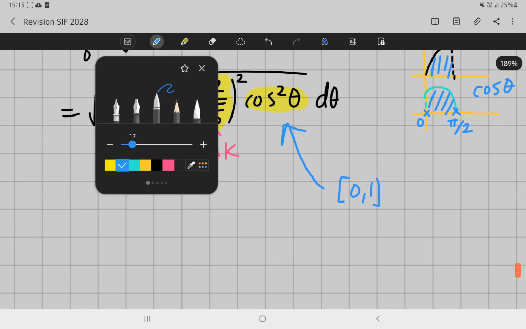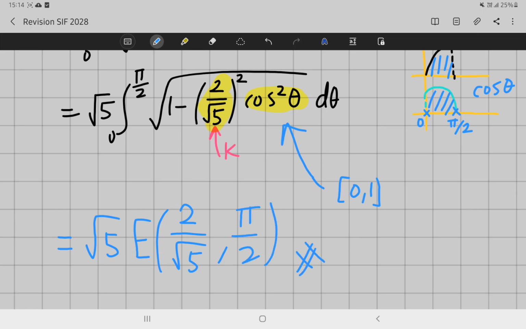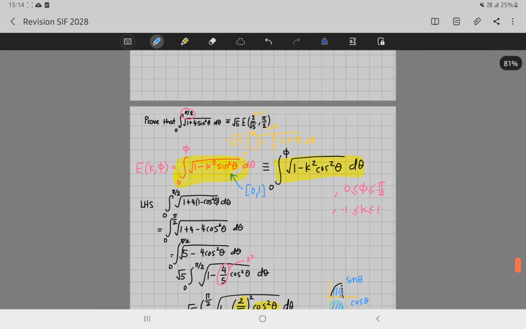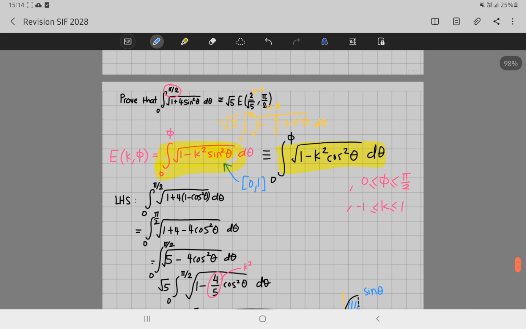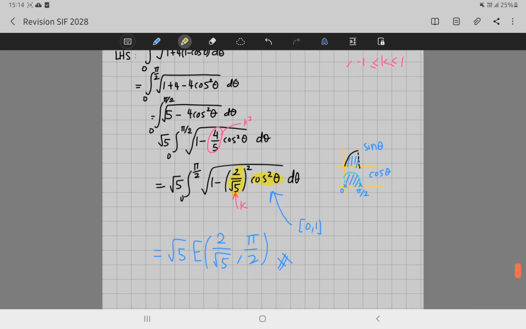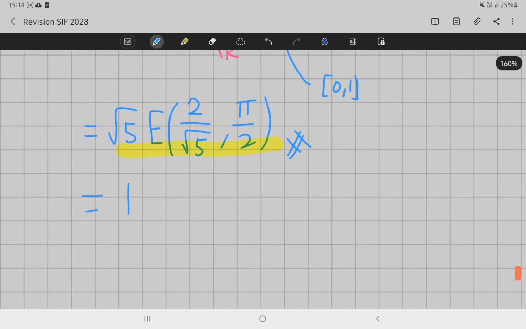Hence, because they are the same thing, we can rewrite this as the elliptical integration of the second kind, with 2 over square root 5 as the parameter k and the angle pi over 2. Then we prove it. So it is exactly the same, which means the right hand side is proven.